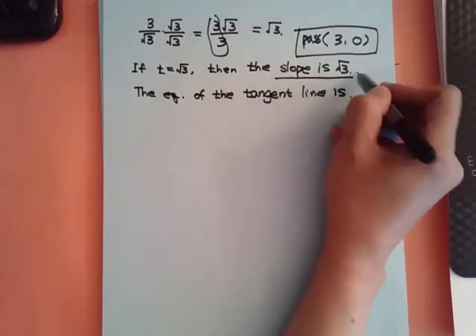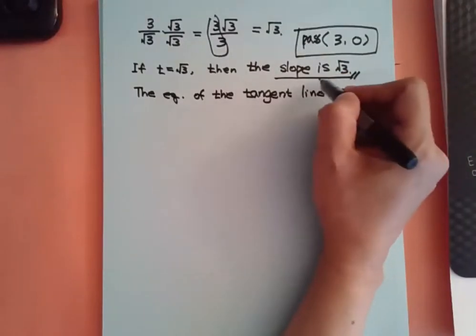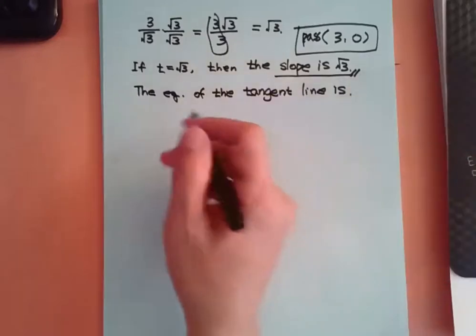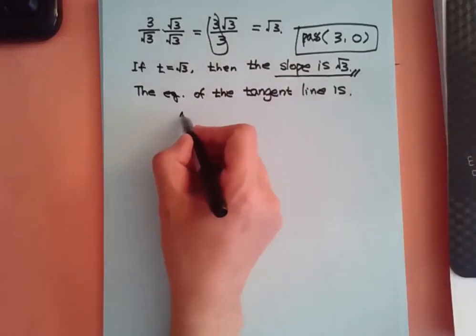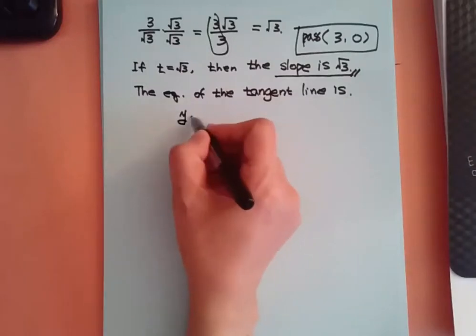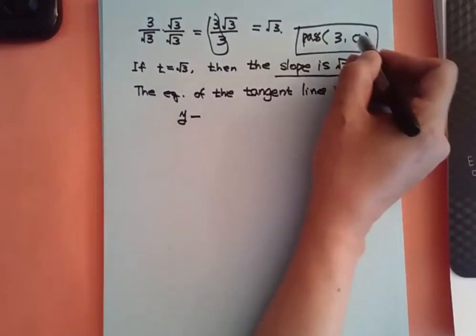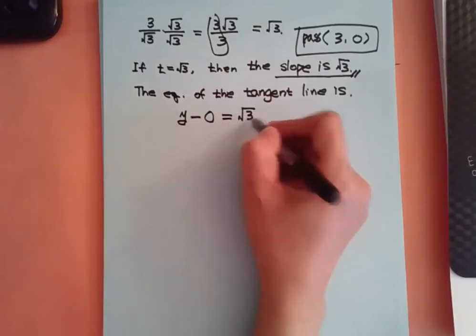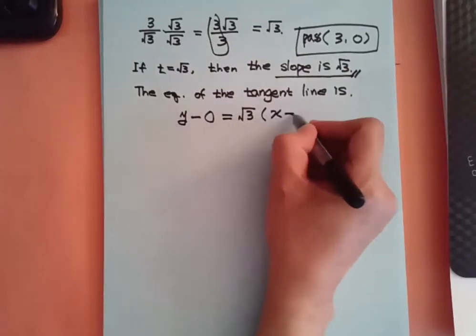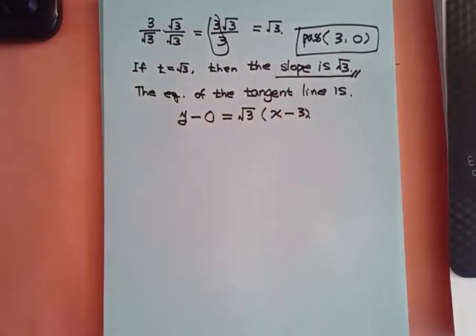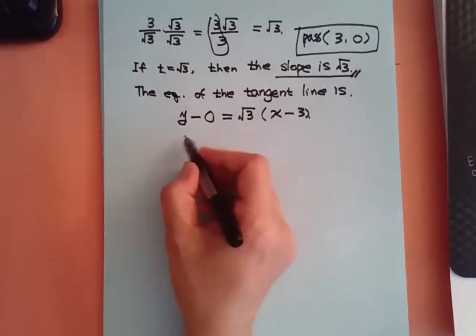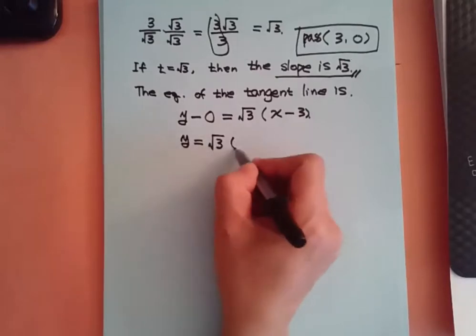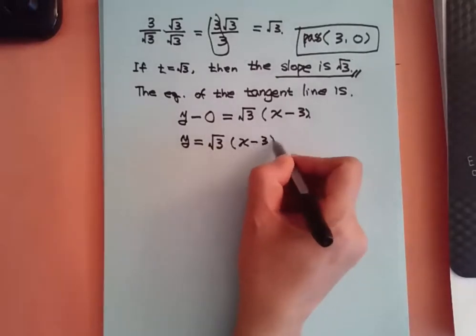And we want to use this information. Slope is square root of 3. So point slope form suggests that y minus y coordinate, which is 0, equals slope, square root of 3, open parenthesis, x minus x value, right? So we can write that as y equals square root of 3 times x minus 3.